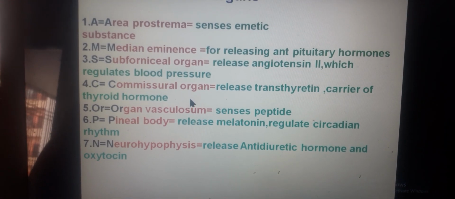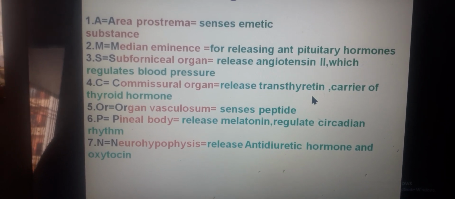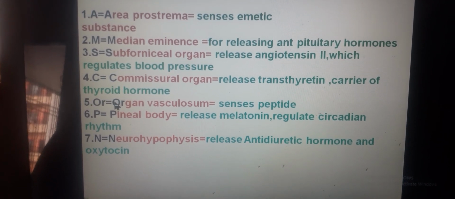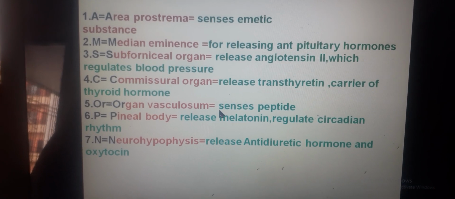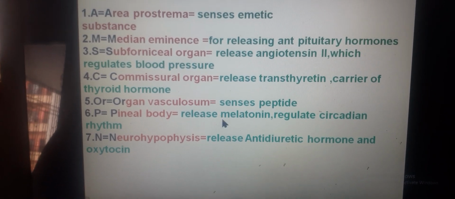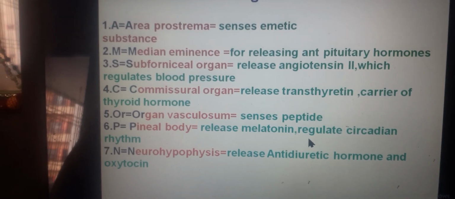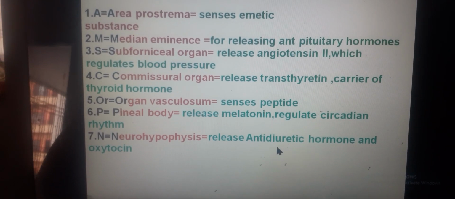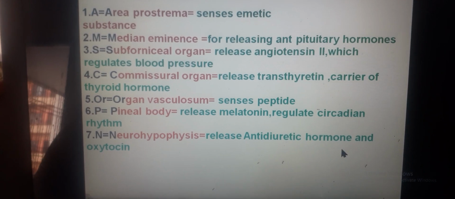C for commissural organ, releasing transthyretin, carrier of thyroid hormone. OR for organum vasculosum, which senses peptides. P for pineal body, releasing melatonin, which regulates circadian rhythm. Neurohypophysis releases antidiuretic hormone and oxytocin.